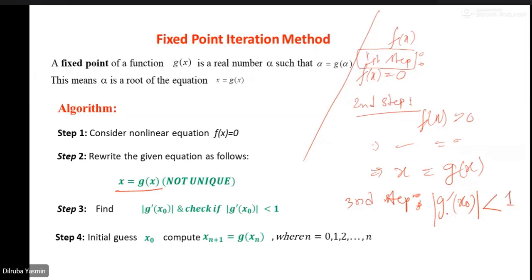If you get z prime of x naught less than 1, and please remember you have to take the absolute value of z prime of x naught, then only you should move on to step number 4.